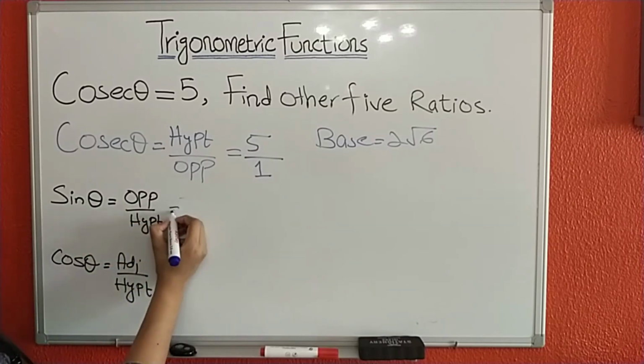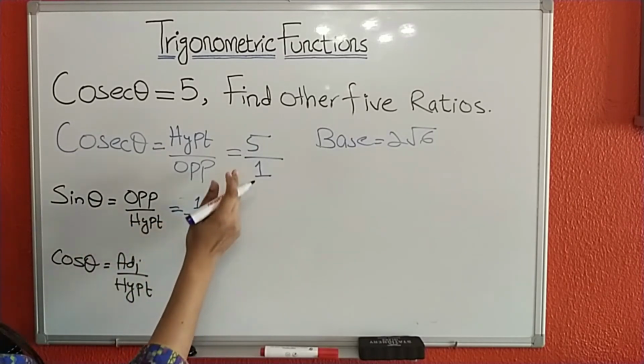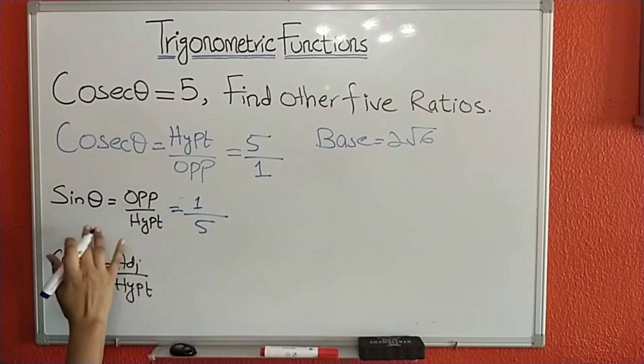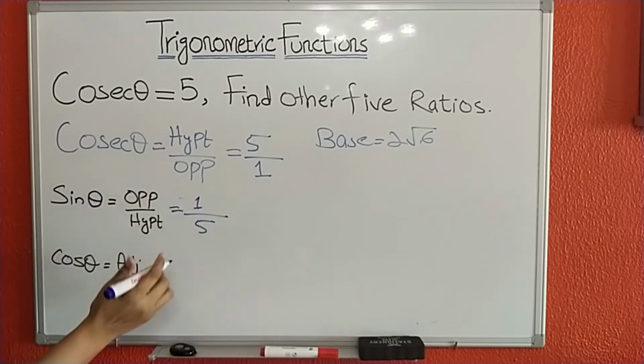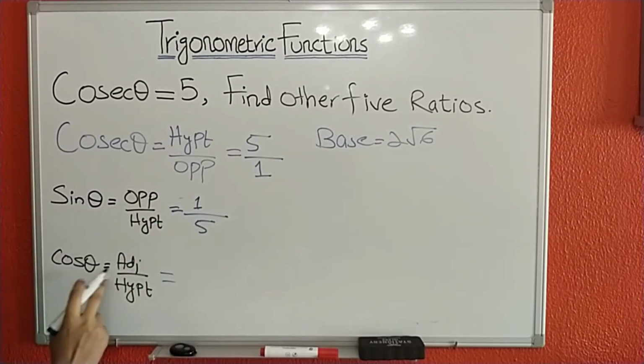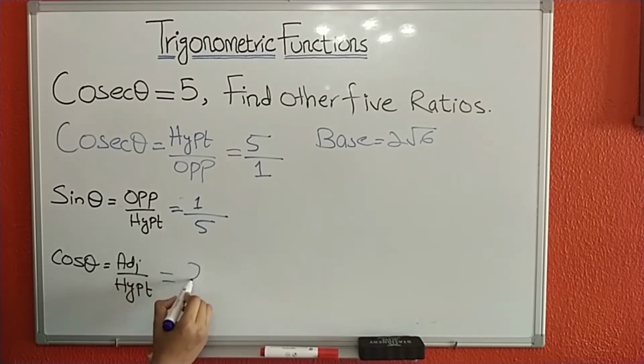So as the value of opposite is 1 and the value of hypotenuse is 5, the value of sine theta is equal to 1 over 5, and as we know that the value of adjacent is 2 root 6 and the value of hypotenuse is 5.